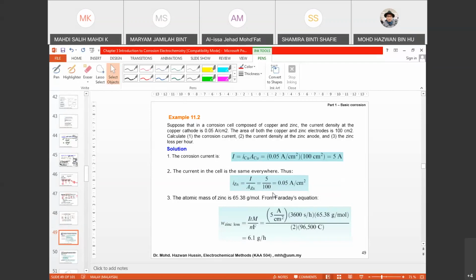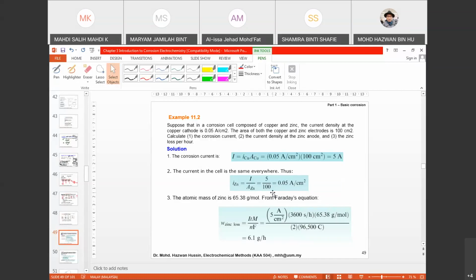First, calculate the corrosion current. Second, the current density at the zinc anode. And thirdly, the zinc loss per hour. I guess this example is not included in your notes on purpose. Okay, so you can jot it down for a while.